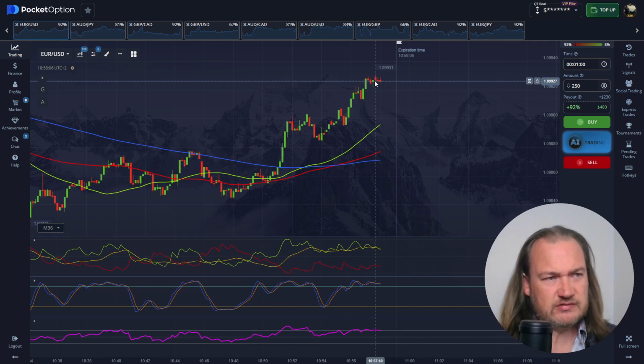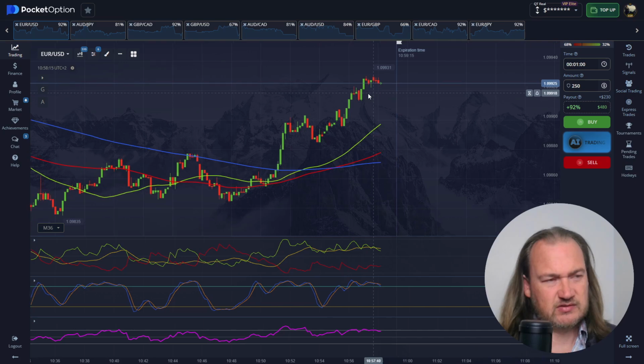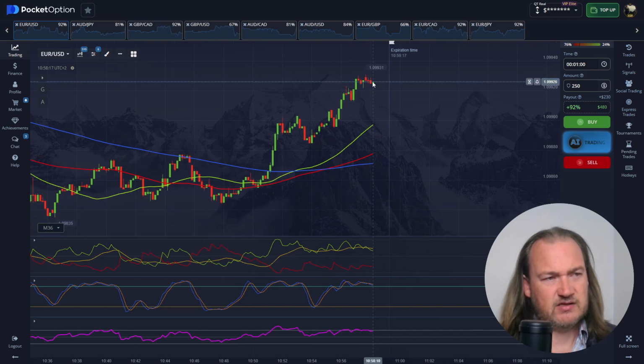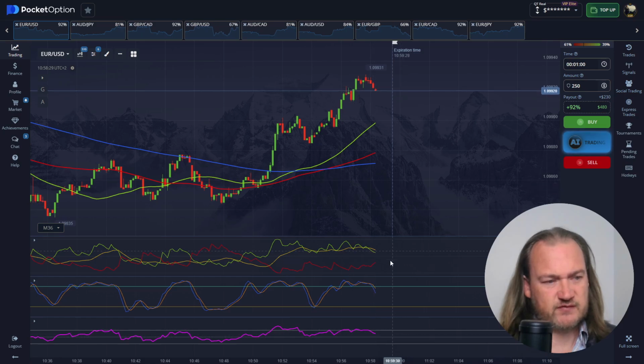Okay, we should see a bit of a pullback now, small correction again. And now I'm going to wait and see if price comes down a bit and stops at the area of the moving average here. I'm going to look for my RSI to hit the middle line, and that would be a buy opportunity for me.